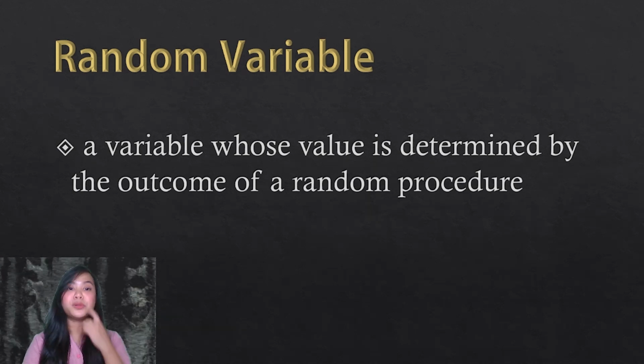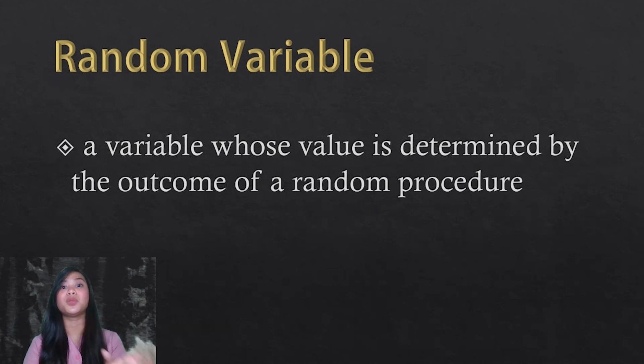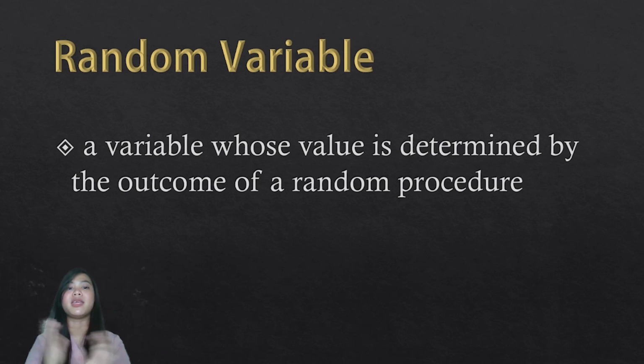The data can be represented with a variable, meaning it is varying. This variable has values, and those values are determined by the outcome of the experiment wherein we are getting a data.